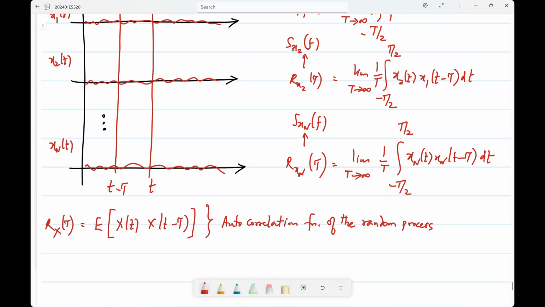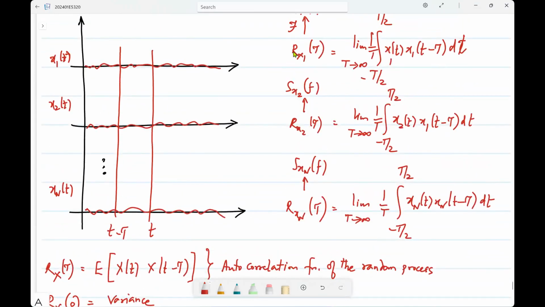Okay. First of all, what is this for time shift of 0? What is this quantity? It's the variance. Anyway, the mean also can be done, but we are taking only zero mean processes, so I won't even bother with that. So Rx of 0 is the variance. Okay. So now there is a theorem that says that for ergodic processes, the autocorrelation function of the random process is the same as the autocorrelation functions you calculate for individual processes.